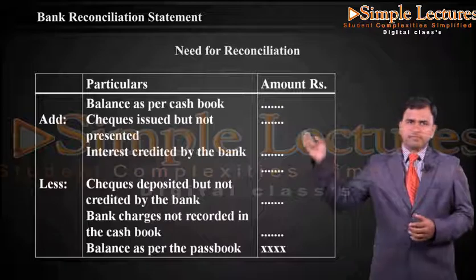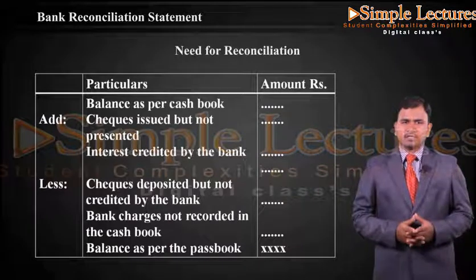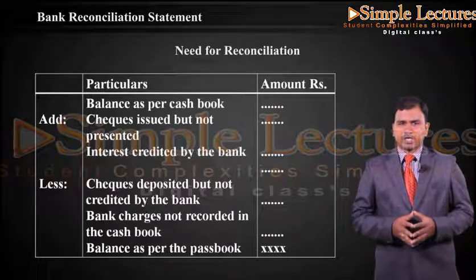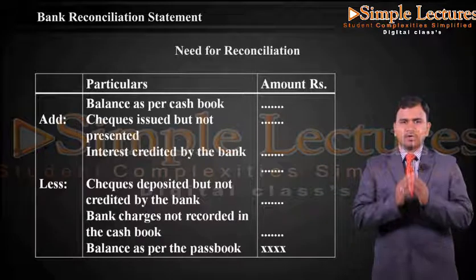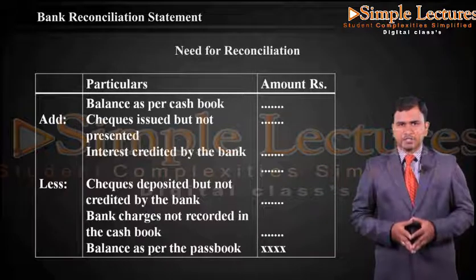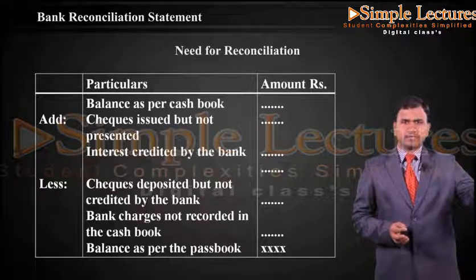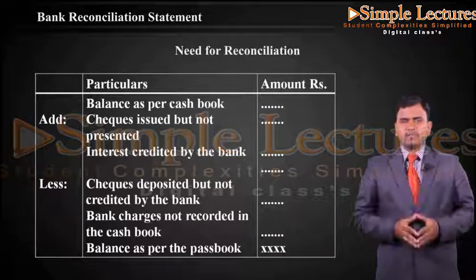We will have the balance as per the passbook, then additions, where we add the cheques issued but not presented and interest credited by the bank. Whatever cheques we have issued but not yet presented in the bank should be added. Again, the interest credited by the bank should be added to the balance. And what should be deducted?